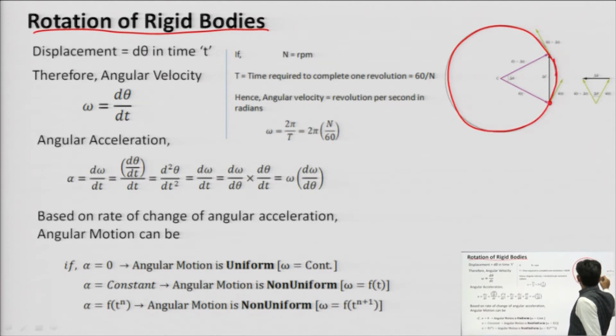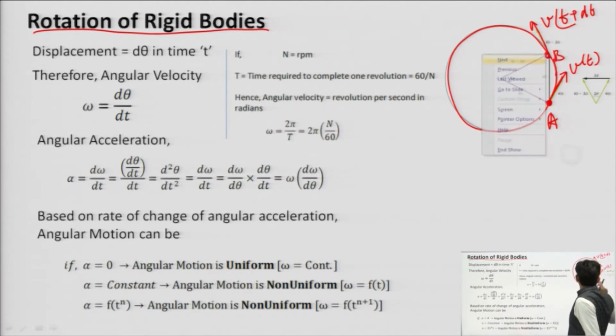Say this point is A and this point is B. If here the velocity is v at time t, and at this point the velocity is at t plus dt, for a small element dt, from A to B.